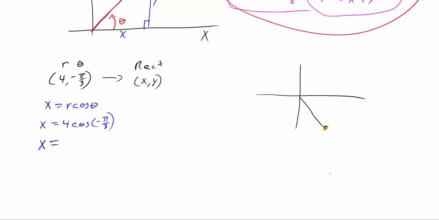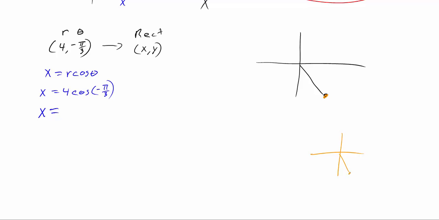If we go to our unit circle, if we're at this point here where we have rotated down a negative pi over 3 on the unit circle, the x and y coordinates here would be 1/2 and negative square root of 3 over 2. Now, because this negative pi over 3 is actually on the unit circle, we can use here the exact coordinates to get the exact answer, because we know here we have your x and your y.